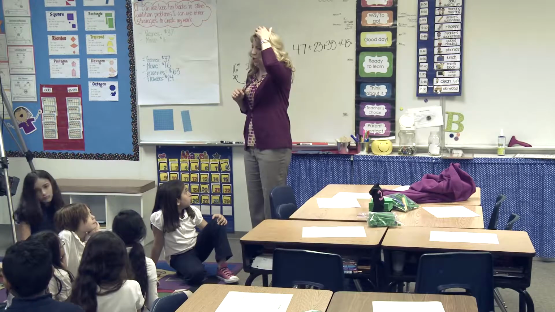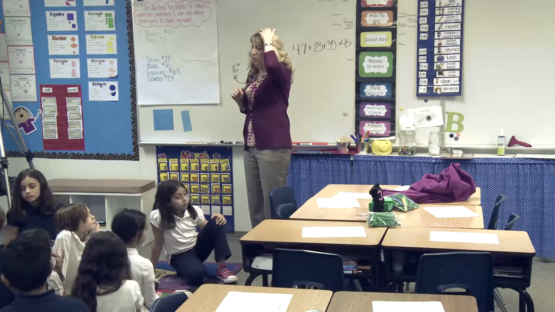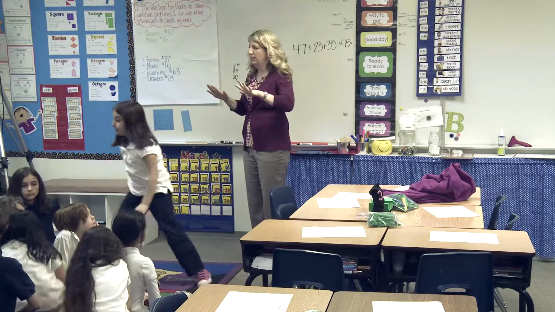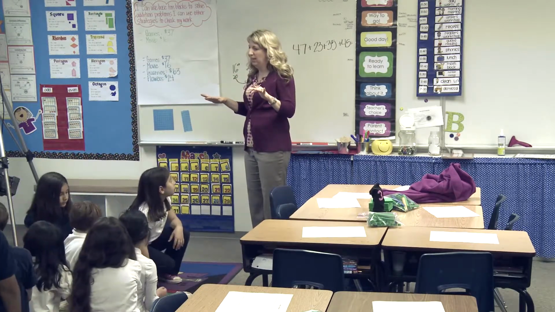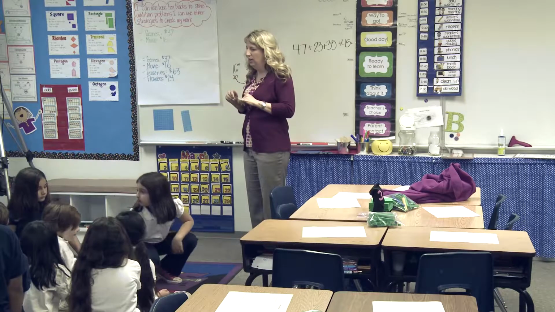Okay, so I want you to silently find a partner and signal to me that, whoa, I didn't say go. Signal to me that you're partners by sticky high-fiving, and I'll give you a thumbs up before you go.